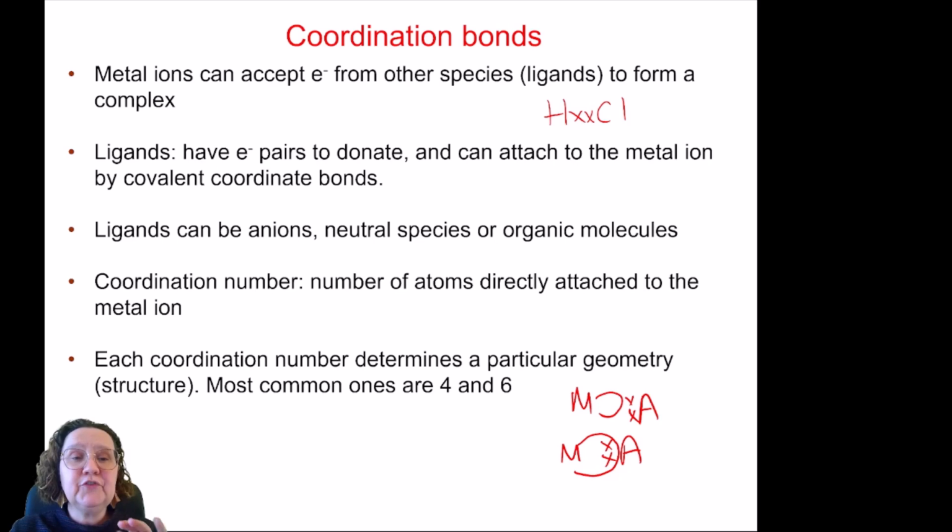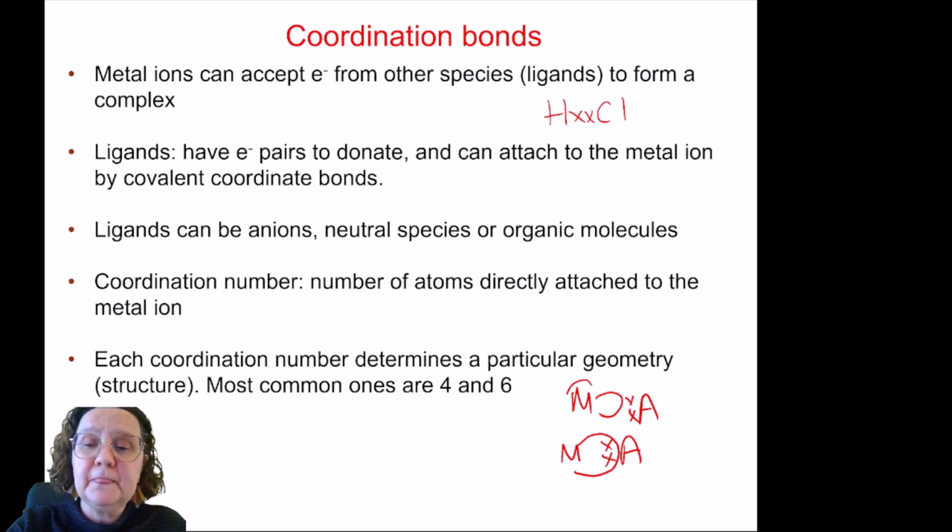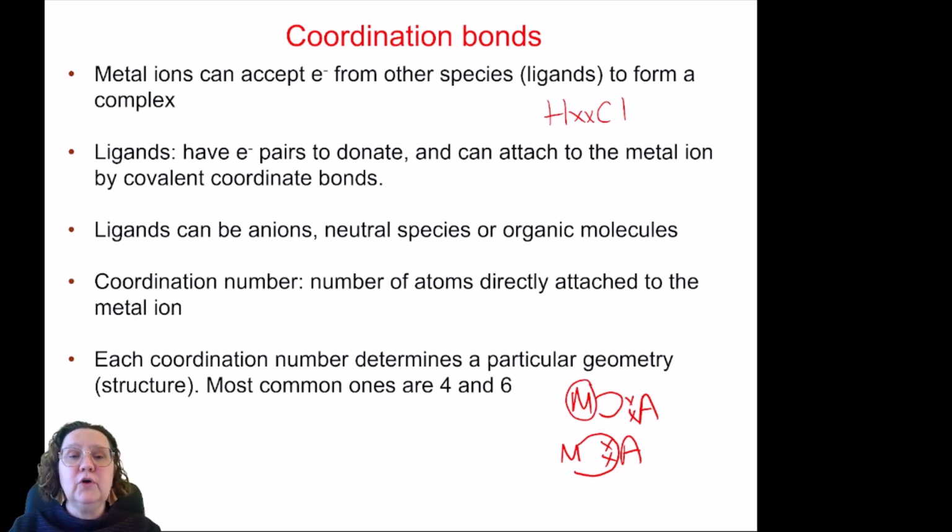I've used the letter M specifically to show what the atom that accepts electrons looks like, because they are metal ions. Metal ions, and especially transition metals, the d part of the periodic table in the center, are very good at making this type of coordination bond.